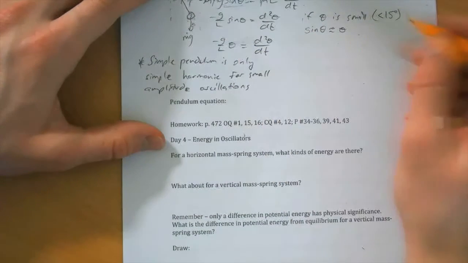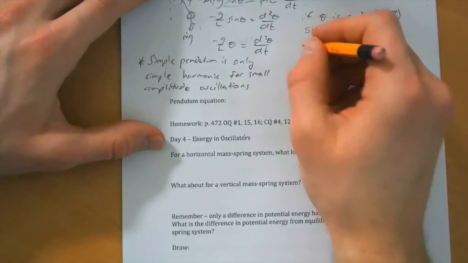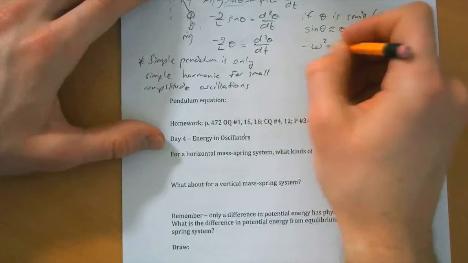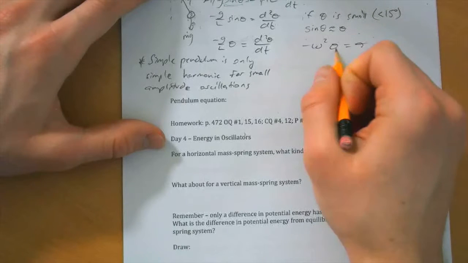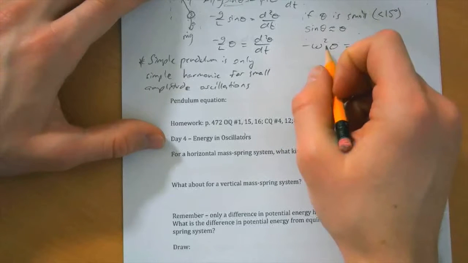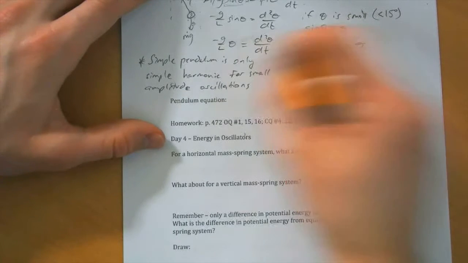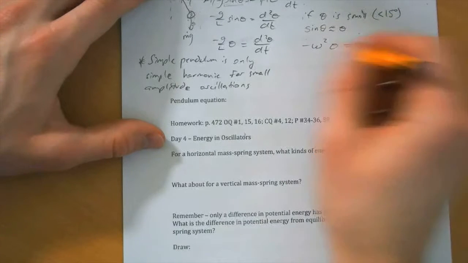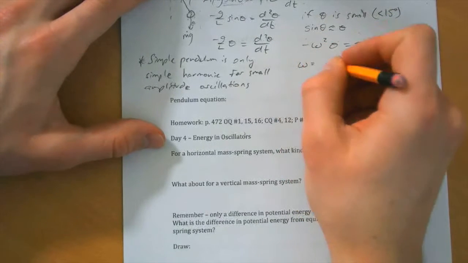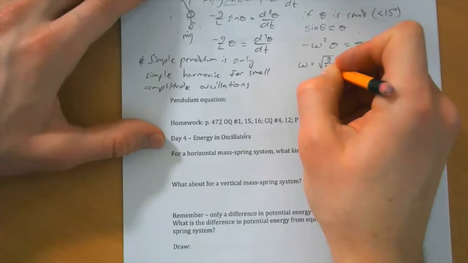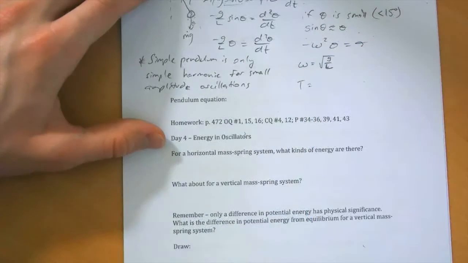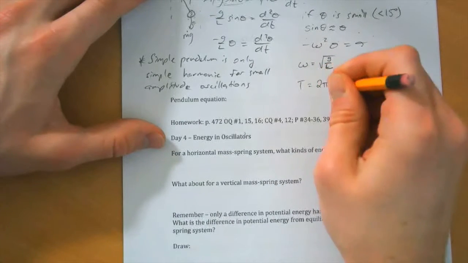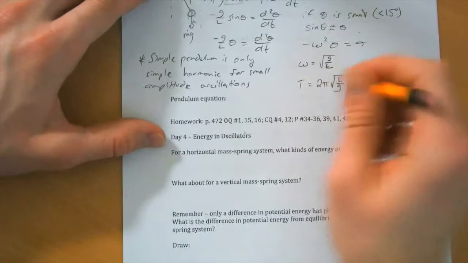Following the same pattern as before, if we write out all the equations, minus omega squared theta equals alpha. So for a pendulum, we get that the angular frequency is equal to the square root of g over L, and therefore the period is equal to 2 pi root L over g.